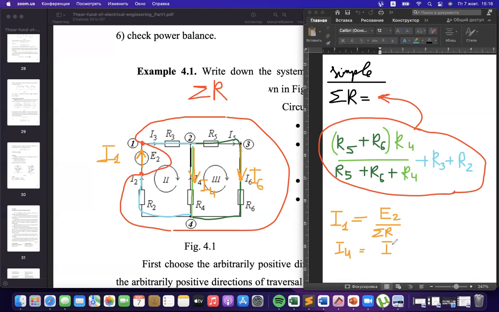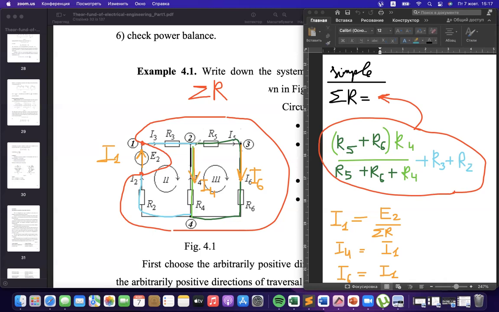I4 will be proportional to current I1, and I6 also will be proportional to current I1. Through the bigger resistivity will flow a smaller current, through the smaller resistivity will flow a bigger current. That is why this proportion will be reversed. It is called the method of opposite resistivity. We take the resistivity of the opposite branch and see which percentage of the current will flow here.